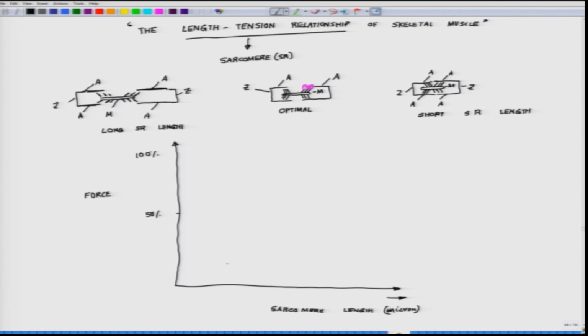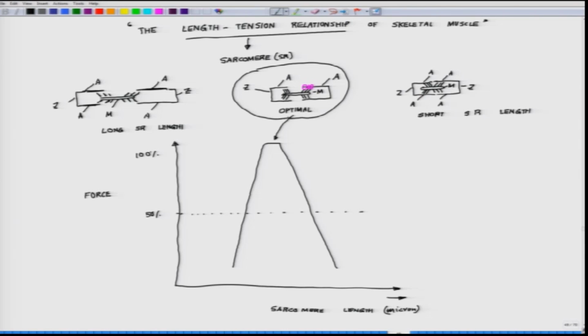What you will observe is a graph like this. This is when it is optimal: the maximum force, or 100% force, you achieve when the length is optimal.